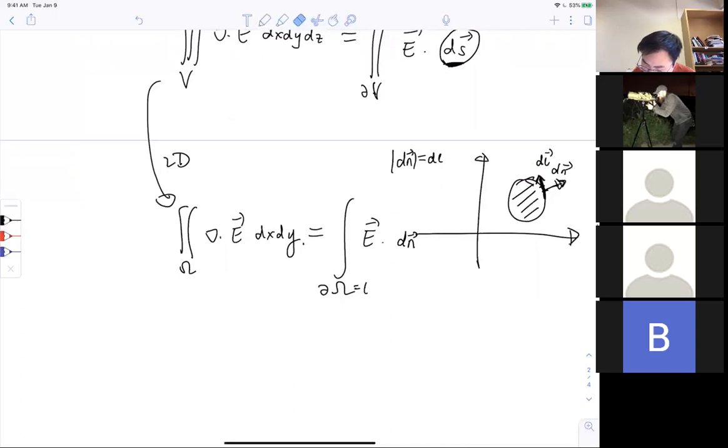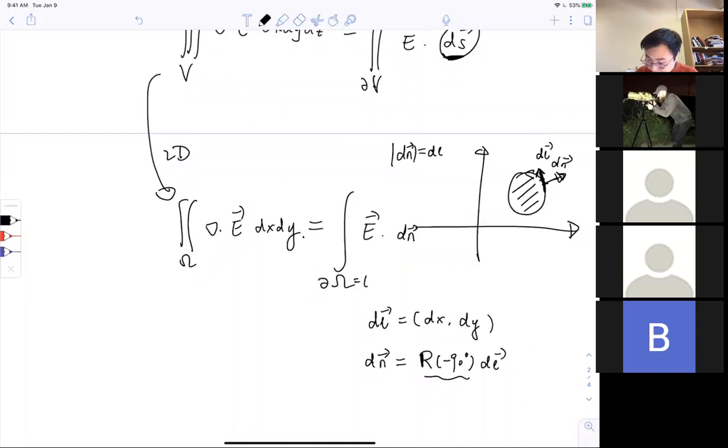Basically, we know dl is (dx, dy), but dn is a vector that's rotated. Assume this is a rotation matrix. We rotate this dl by minus 90 degrees, right? Let me use another color.